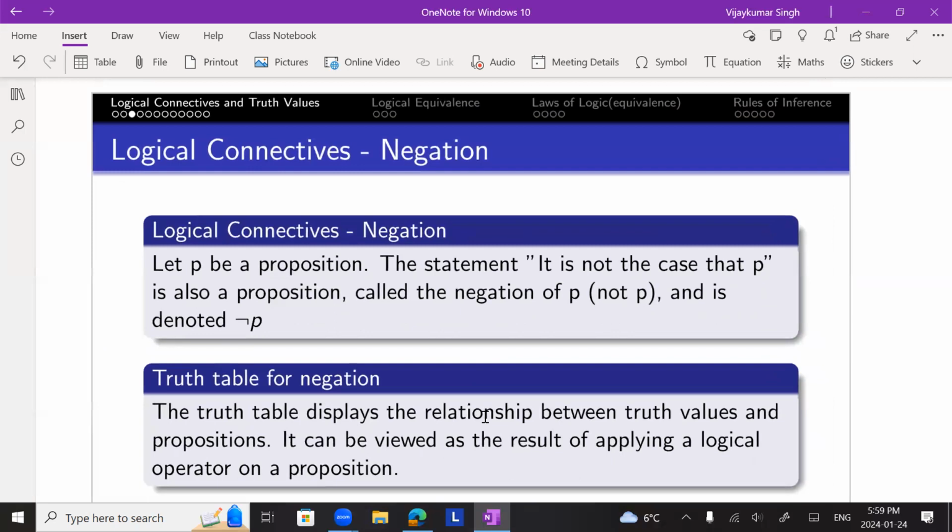If we have P as a proposition or statement, then the statement that it is not the case that P is also a proposition, called negation. If P is a statement, the negation of that is denoted by not P.